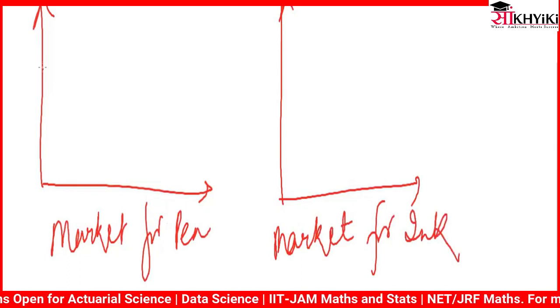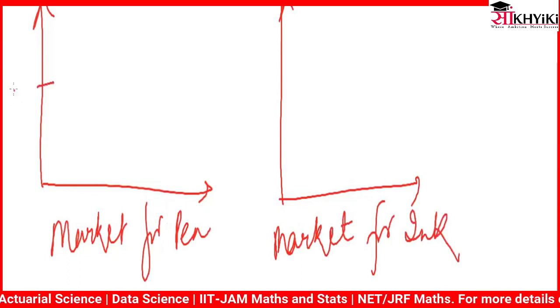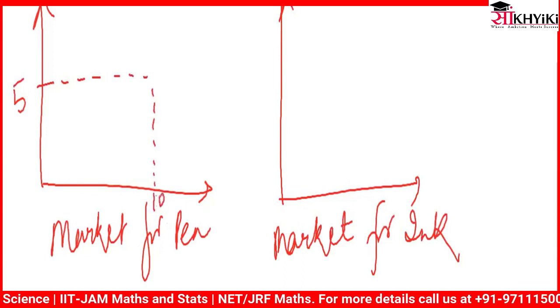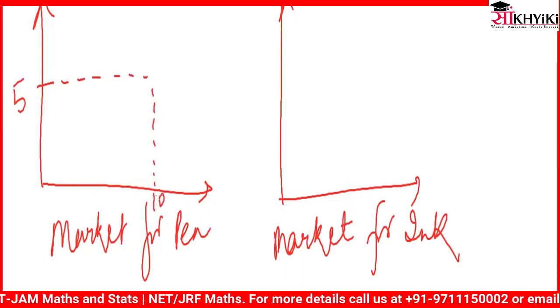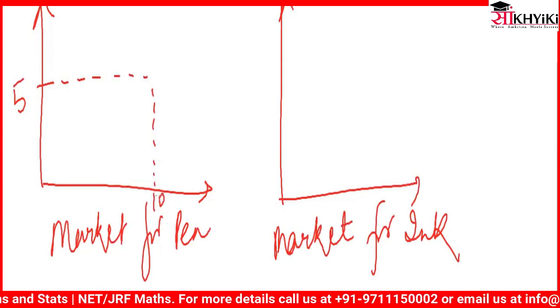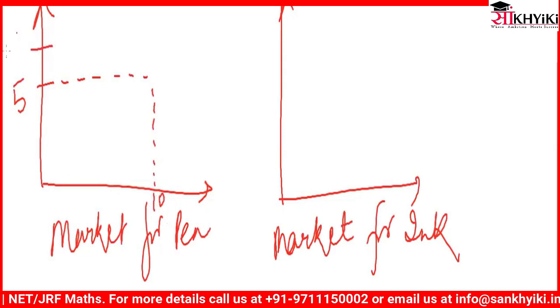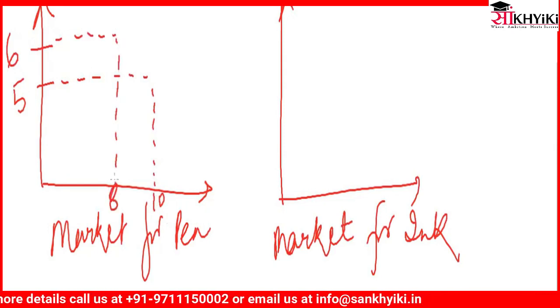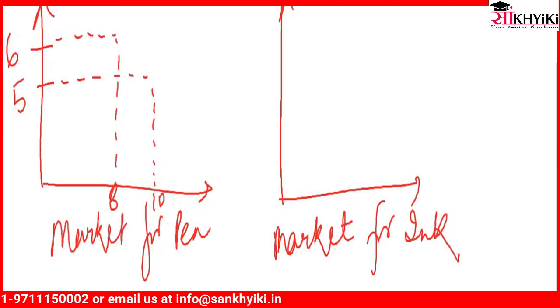Suppose the existing price is 5 rupees and the quantity demanded is 10 units at the rate of 5 rupees each, and suppose the price increases to 6 rupees and at 6 rupees I'm going to demand 8 units, and the demand curve that I'm going to have is this.